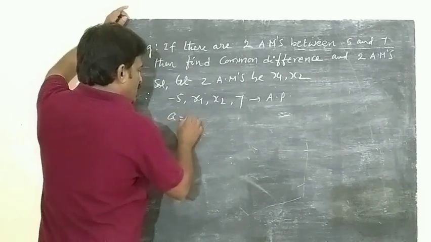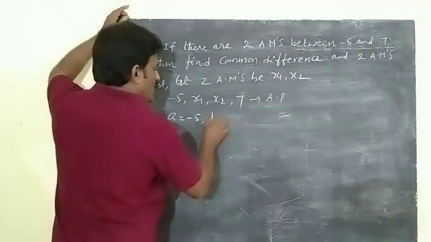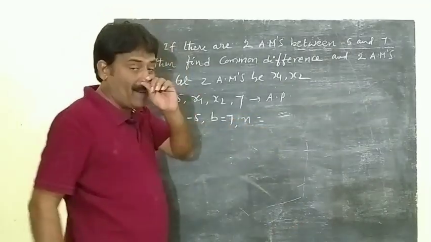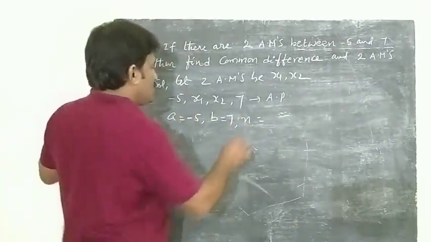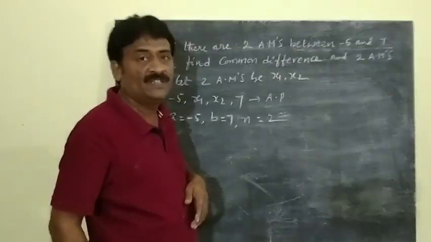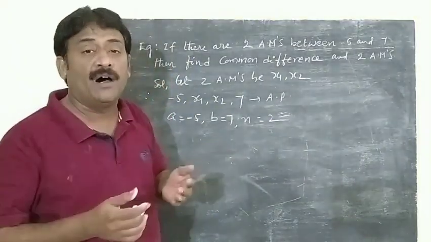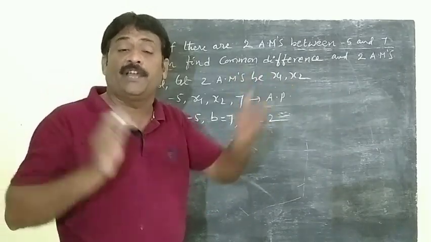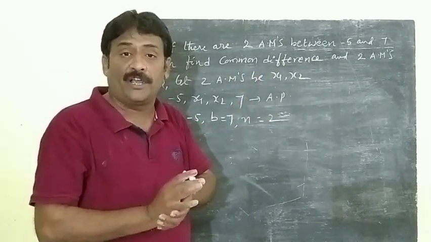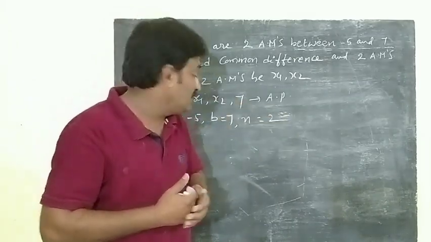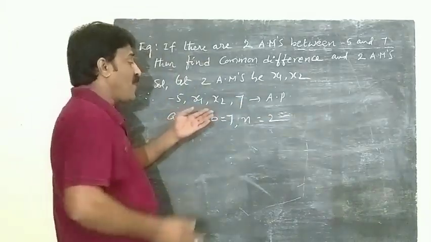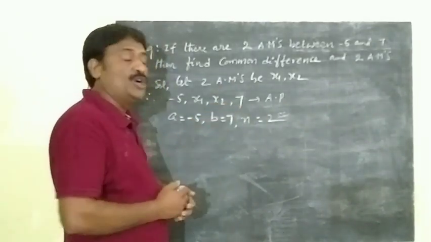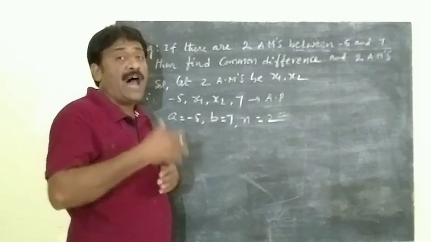Here, a is equal to minus 5, b is equal to 7, and n means number of arithmetic means is equal to how many? 2. We know that if there are n arithmetic means inserted in between a and b, then the common difference is b minus a by n plus 1. Then here a means minus 5, b means last term 7, and n is equal to 2. n means number of arithmetic means.